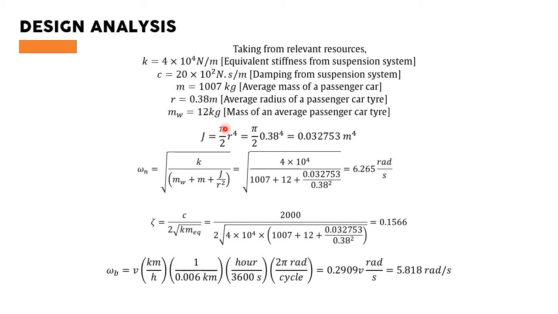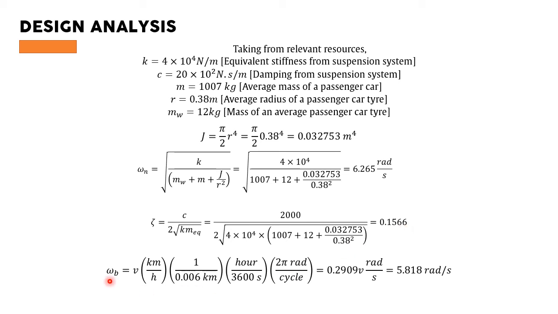We started by first evaluating the polar moment of inertia using the radius of the wheel. Then we moved on to calculate the natural frequency, using the expression we found at the very beginning using the energy analysis. We substituted these values into it and found omega n. Then subsequently we found the damping coefficient zeta, which turns out to be 0.1156, which is less than 1, which implies that the system is underdamped, which proves our initial assumed hypothesis.